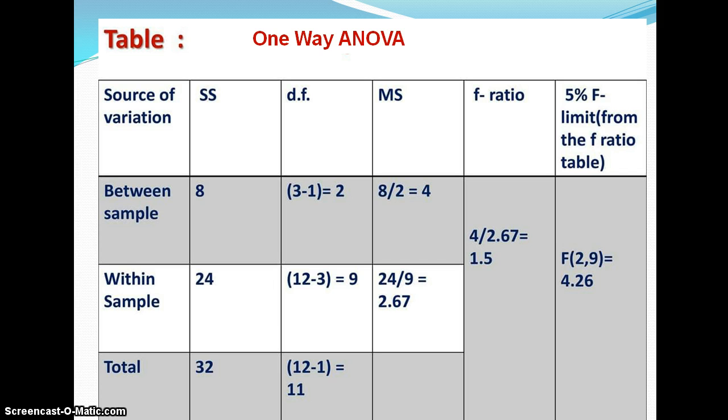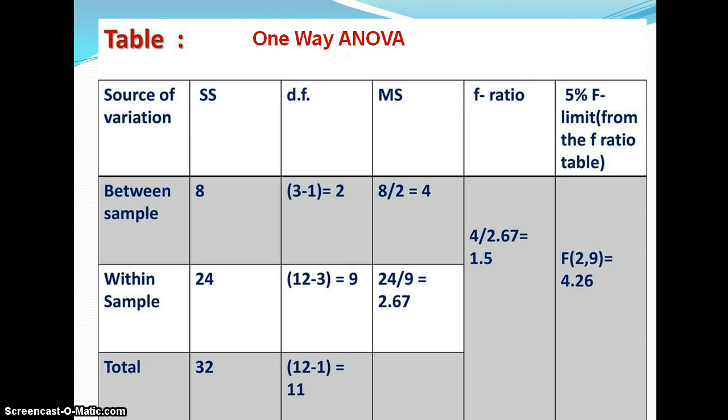So we come to the DF column, that is degree of freedom. There are 3 varieties. In a general ANOVA table you take n minus 1, where n is the number of varieties, 3, so n minus 1 is equal to 2 degrees of freedom.